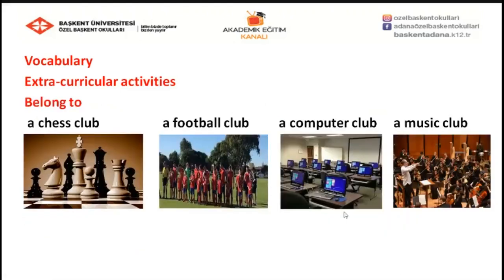So, extracurricular activities belong to a chess club, a football club, a computer club, a music club.